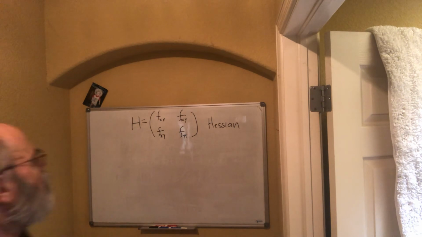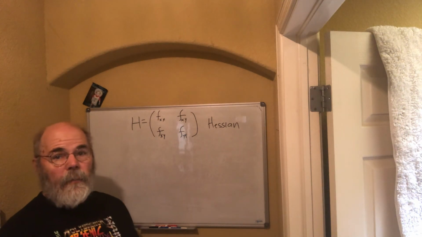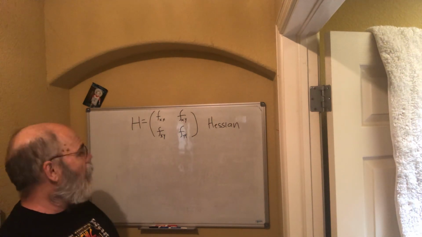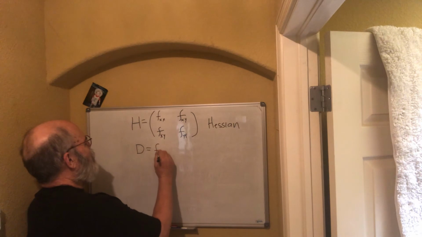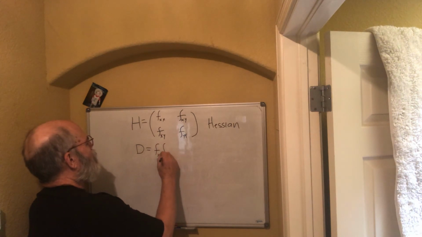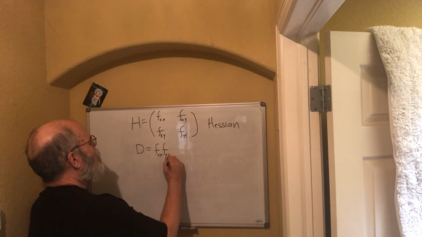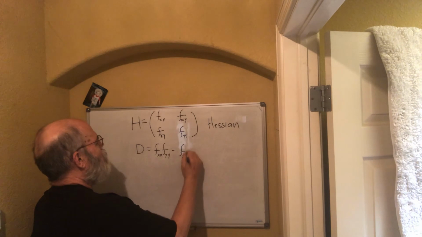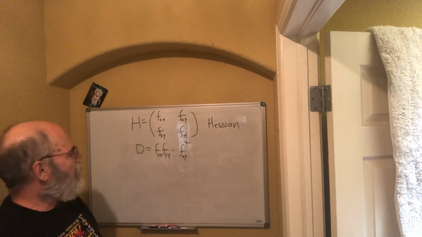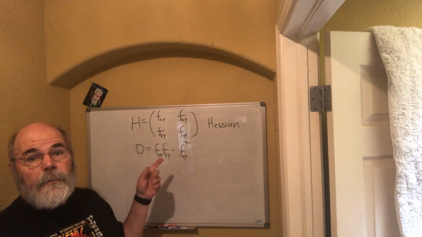When you have matrices, an important quantity that shows up all the time is called the determinant. And the determinant of the Hessian is that. But we saw this when we did the cross product, didn't we?